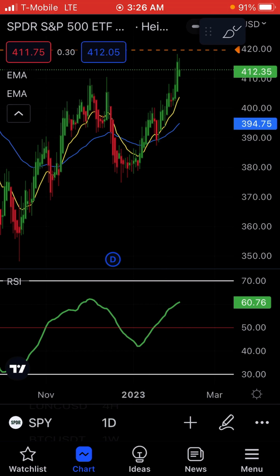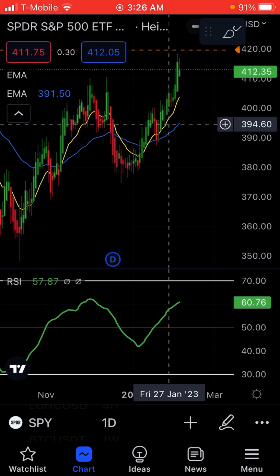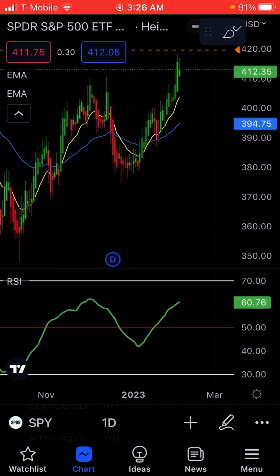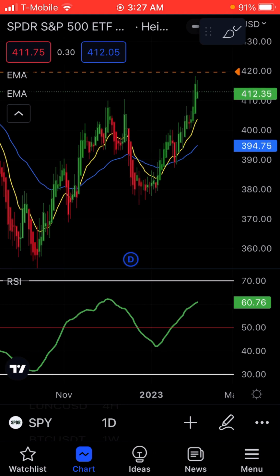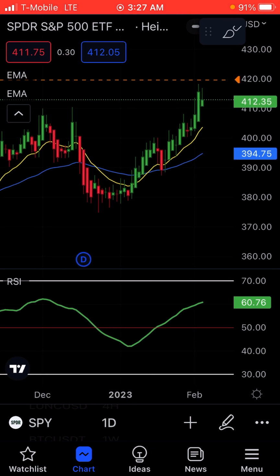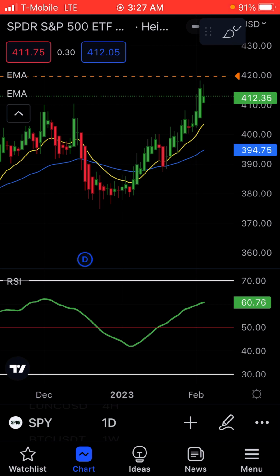So on the 5 minute or the 15 minute, you want to make sure that when you do your trade, you go with the trend. Like right here, you see the trend is going up. You do not want to do your trade when it's going down. You do not want to go against the trend. So this is another reason why I like focusing on the 1348 when it's on the day.